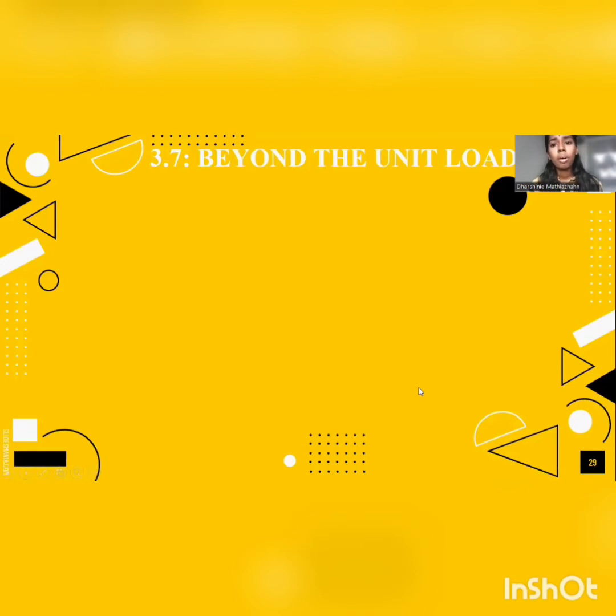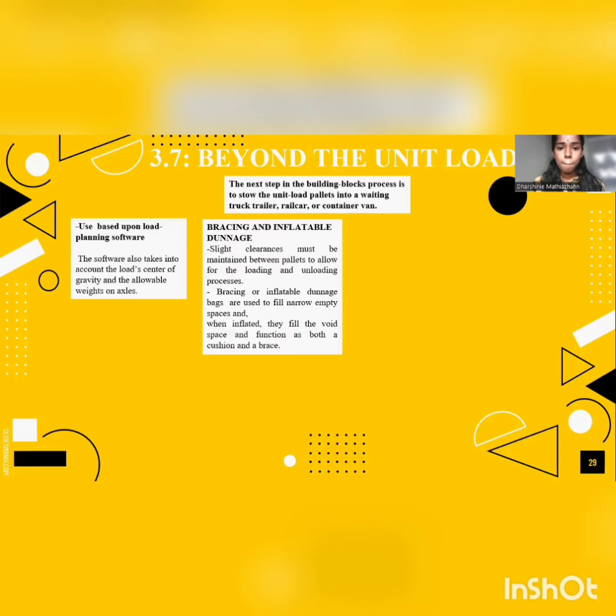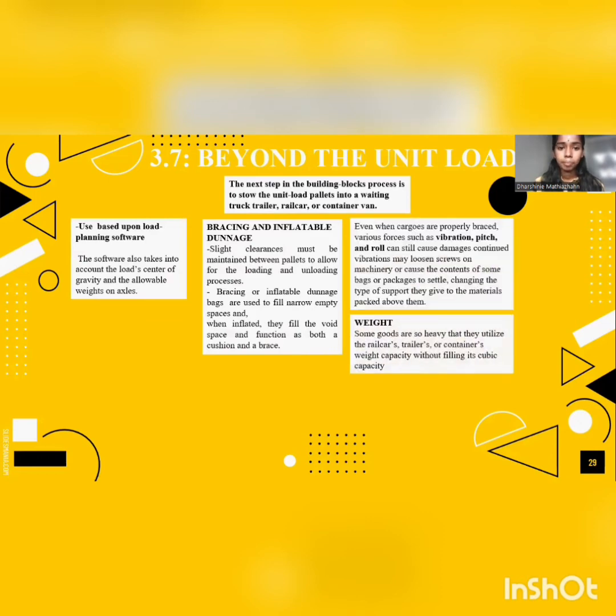Next, we go to beyond the unit load. The next step in the building process is to store the unit load pallets into a waiting truck, trailer, rail car, or container van. Load planning software also takes into account the load's center of gravity and the allowable weight on the axle.